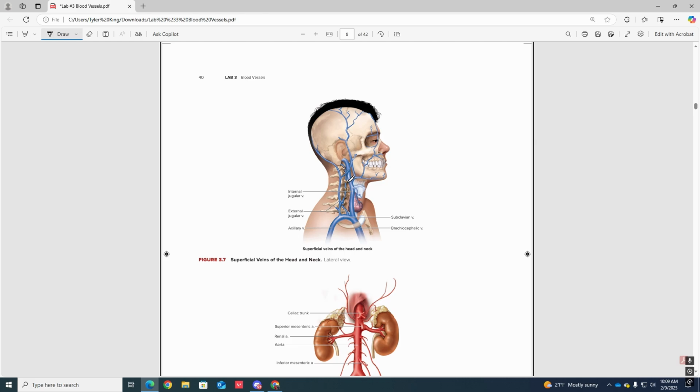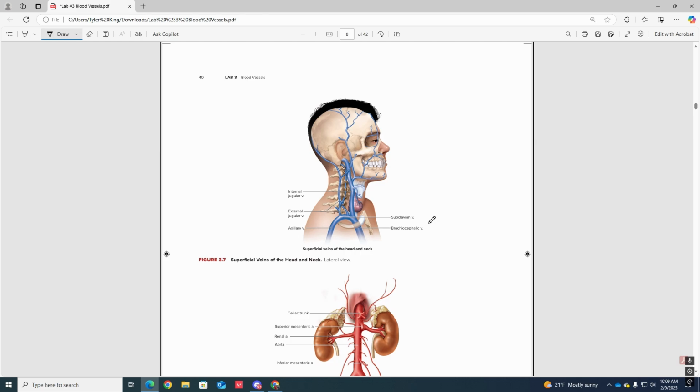Those are the jugular veins you're seeing. Whenever you're deadlifting or bench pressing a lot of weight, you might see those veins start to pop out of the neck. That's the internal and external jugular veins. So they're different: they're not carotid, they're jugular for veins.